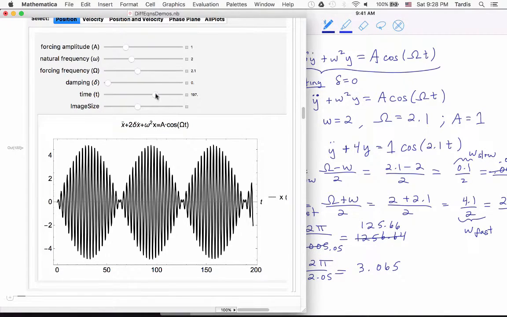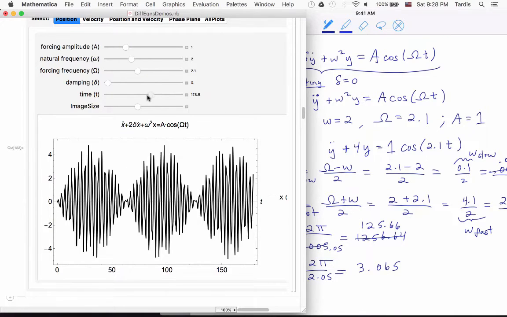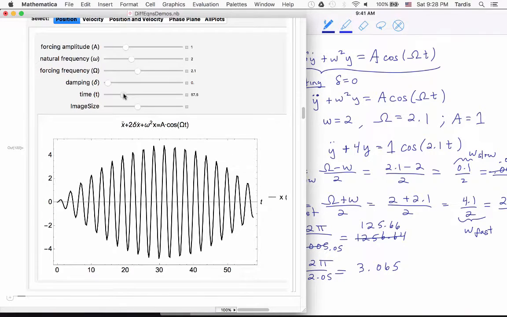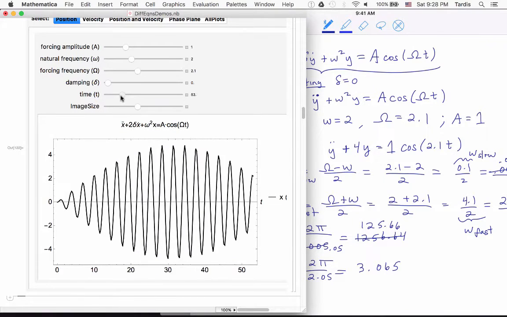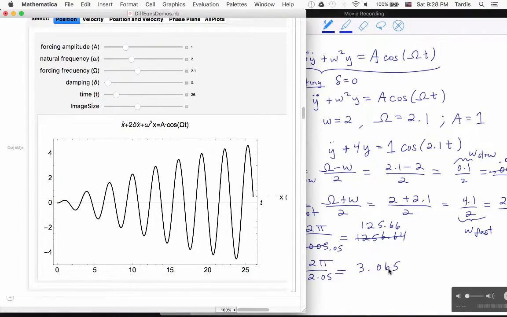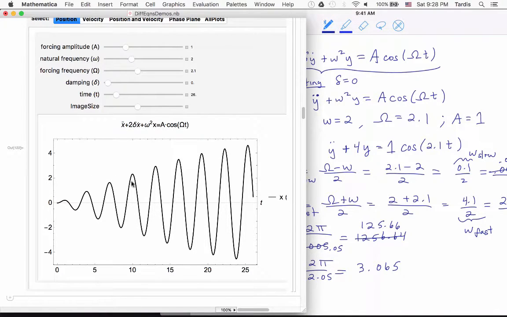And if you zoom in on the time to make time quite a bit smaller, the peak to peak time, going into this little packet here, the time spacing from peak to peak is about 3.065 seconds. So that's how the beating case makes sense.